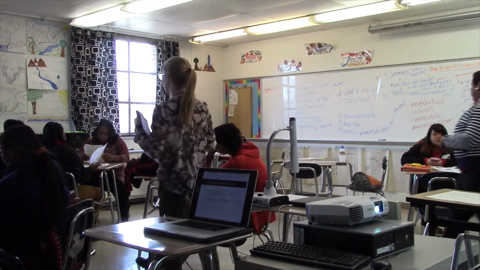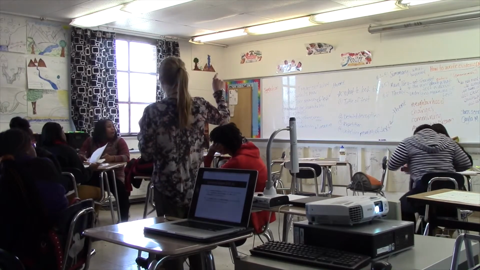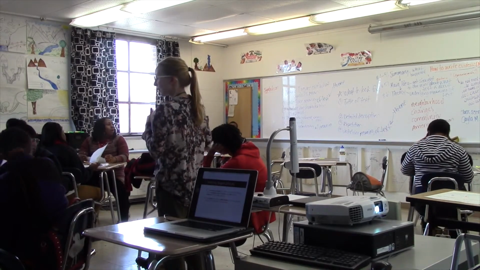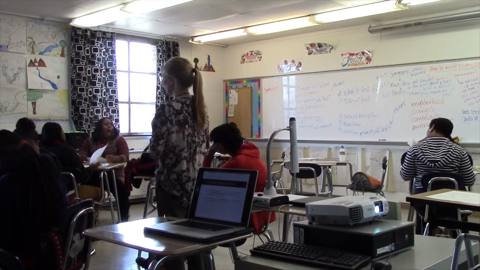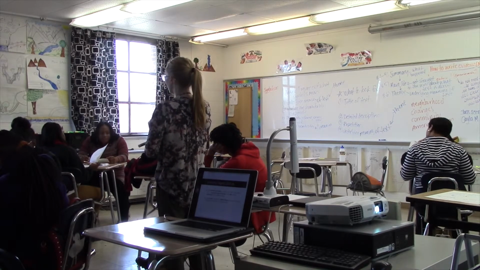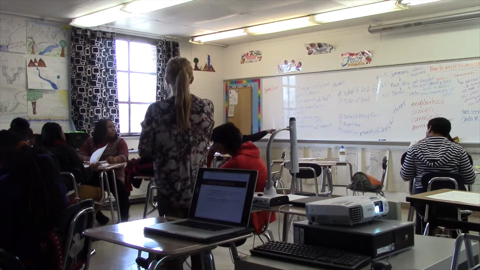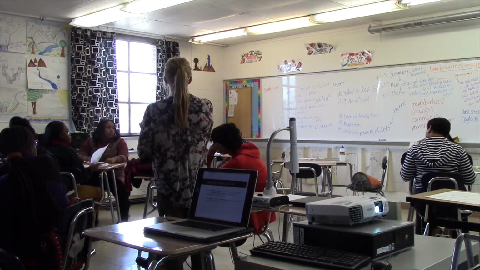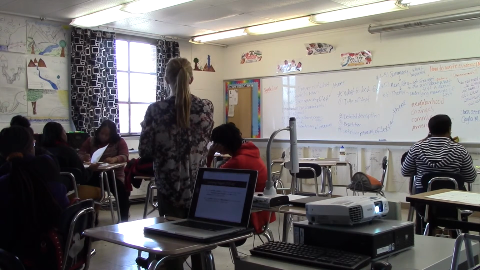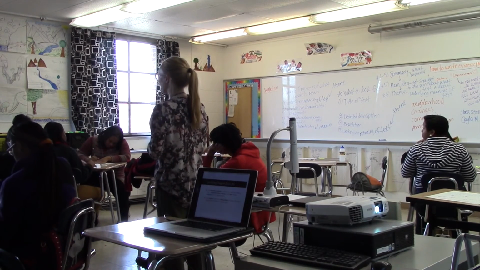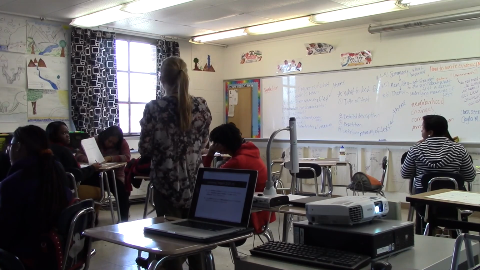Does anyone have any questions? For number 6, someone tell me, what are you supposed to do? We have to pick a word. And then say why I think the author said that in the story. Say what he believes to be true about it. What he's trying to teach us about it.